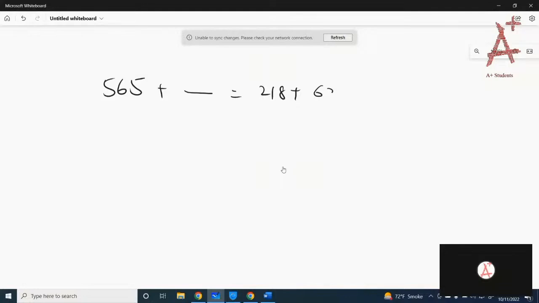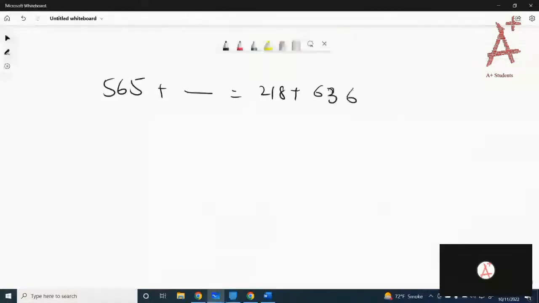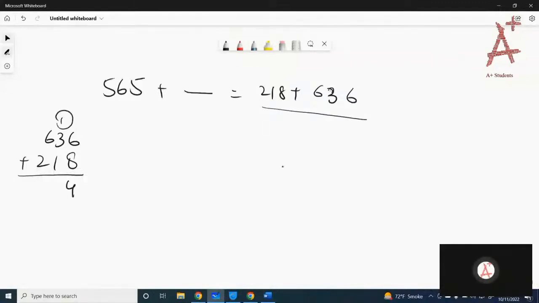So just add 636 and 218. 8 plus 6 is 14, write 4 right over here and carry 1. So it would be 3 plus 1, 4, and 1, 5. And 6 plus 2 is 8. It would be 858.